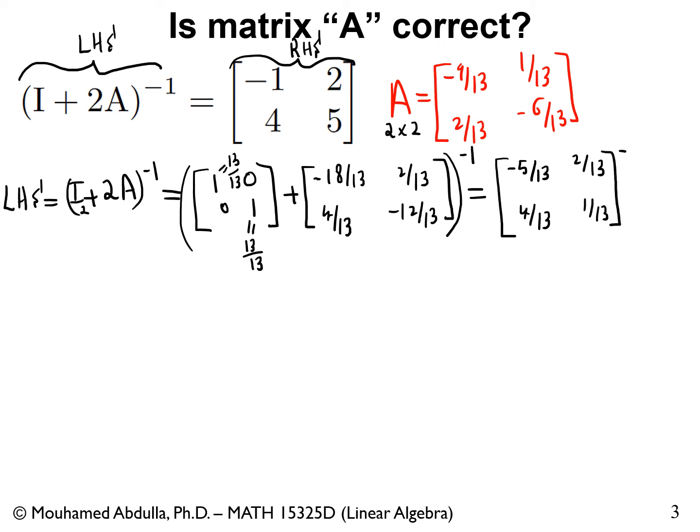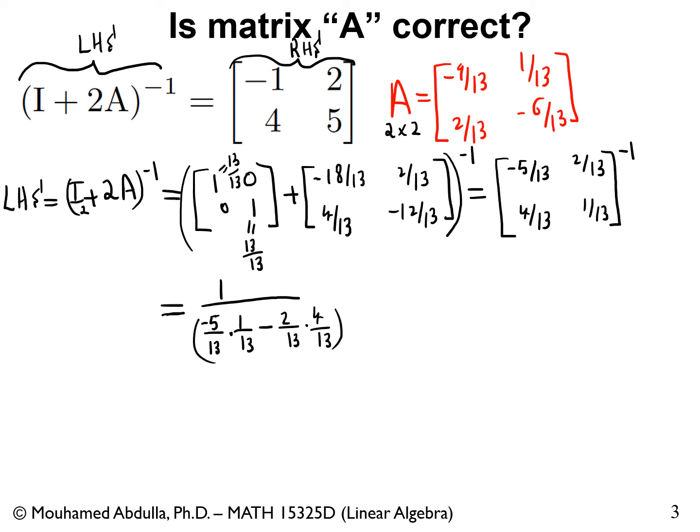We take its inverse and see what this gives us. The inverse of this matrix would be as follows. We need to find its determinant. So it's 1 over the determinant of this matrix, which is minus 5 over 13 times 1 over 13, minus 2 over 13 times 4 over 13.